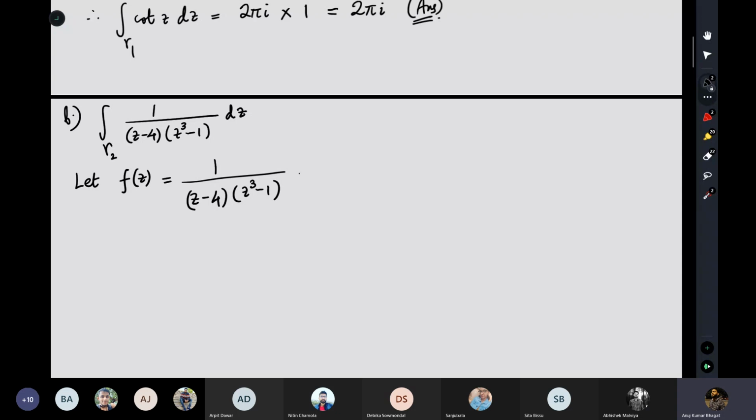Right, that's correct. That's a very simple thing: if I'm asking you the singularities of this function, you equate the denominator to 0.